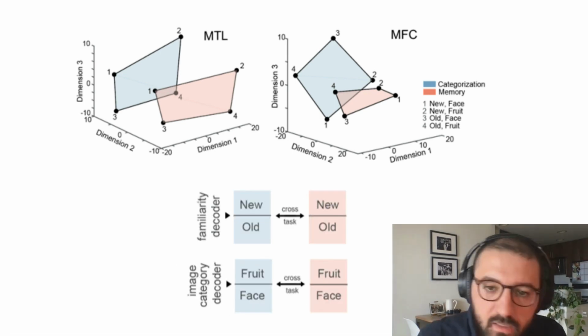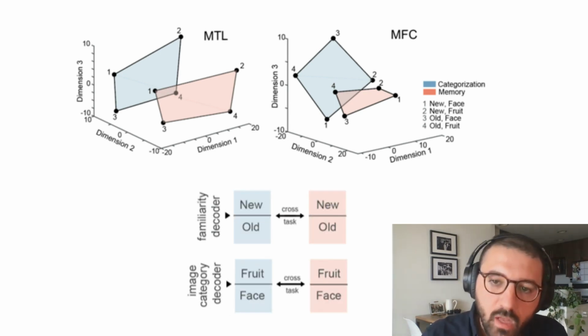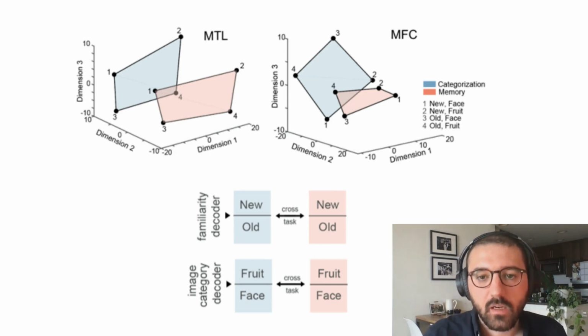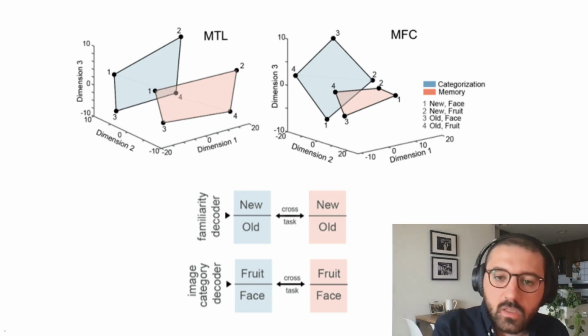The critical analysis here, though, is to test for generalization. And the way we do this is by fitting a decoder for either familiarity or for the actual visual category of the item that's on the screen in one task and testing how successful this classifier is at reading out that same information from the other task. So in this particular case, we're going to fit a decoder in one task and test in the other.